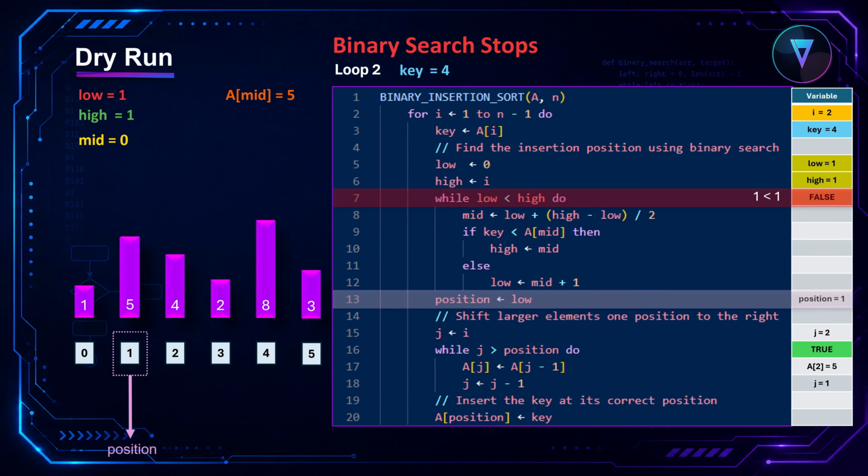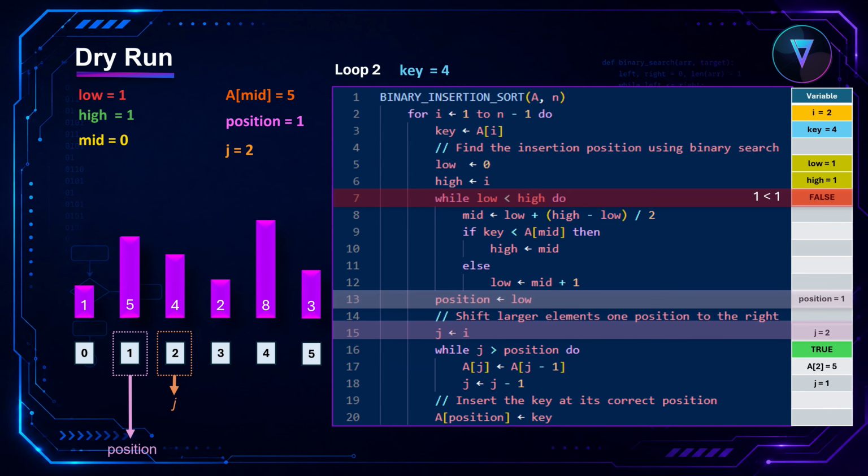What is the insertion position? The insertion position is 1. Now we set j equal to i. Therefore, j becomes 2. Since 2 is greater than the insertion position, we shift the element at index 1 into index 2. The value at index 1 is 5. After shifting 5 to the right, the array temporarily becomes 1, 5, 5, 2, 8, 3.